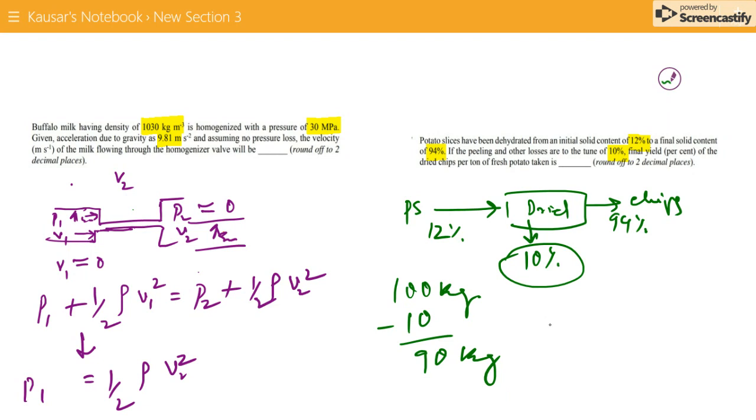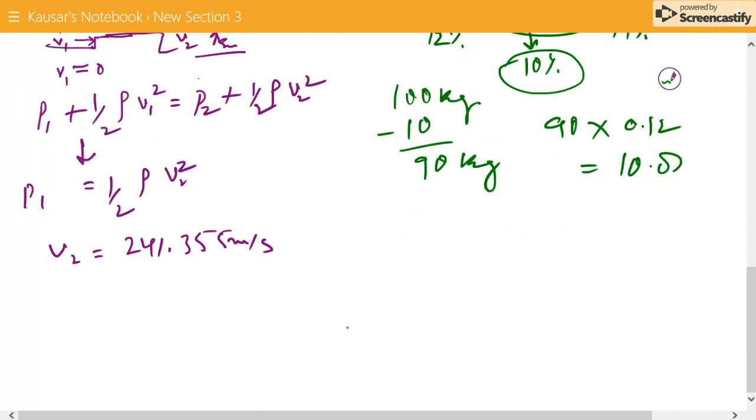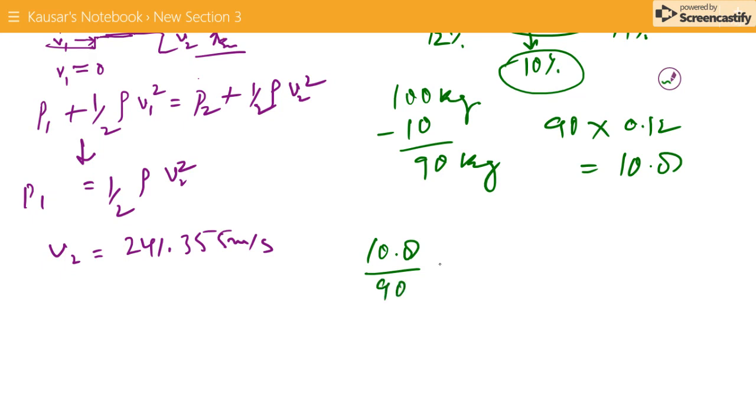which means 90 into 0.12, which is equivalent to 10.8. So we can say 10.8 upon 90 into 100 is equivalent to 12%.